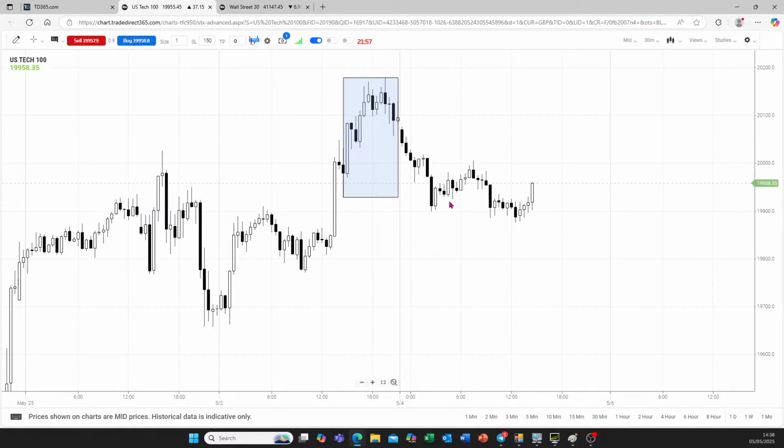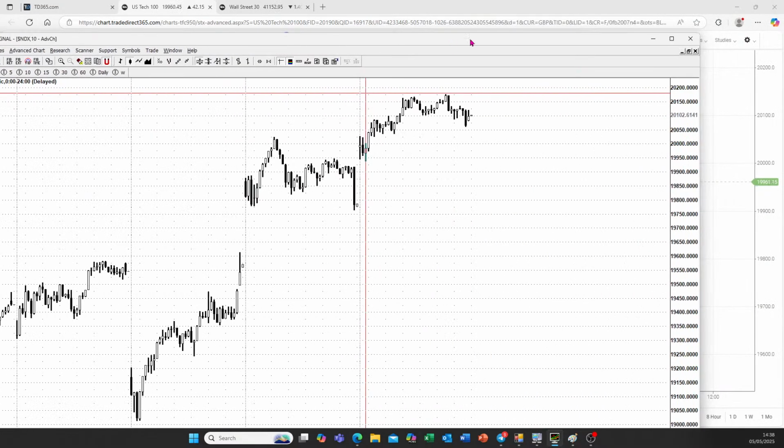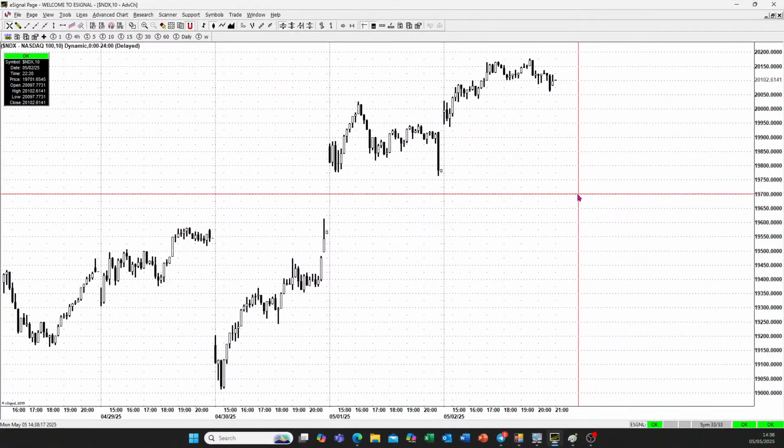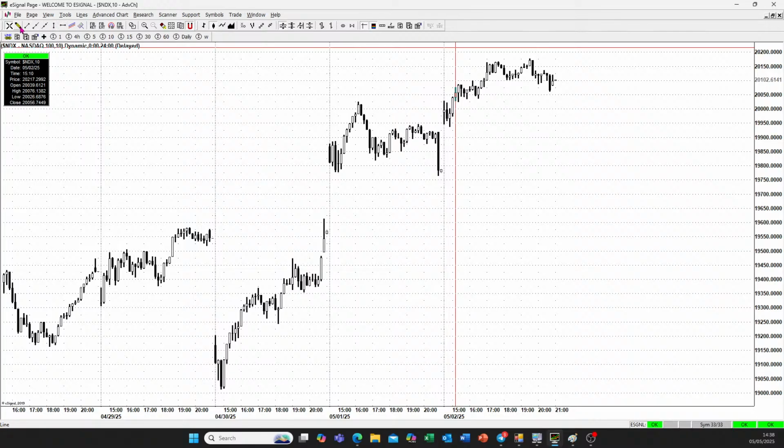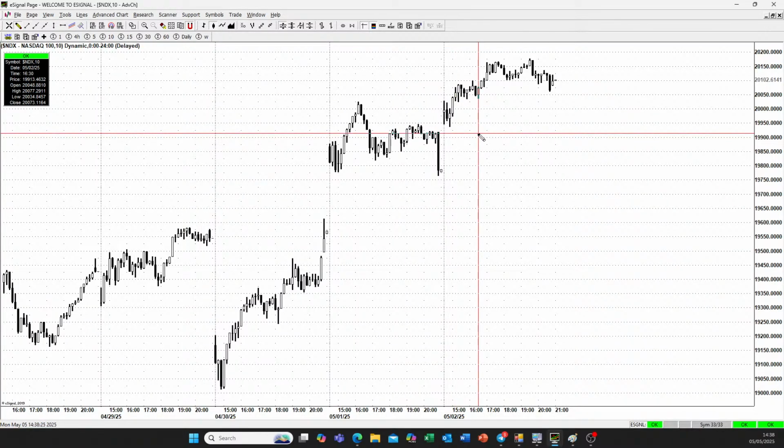an overnight range. I'm about to release a piece of software tonight, and we are working on actually being able to remove that so that it could look something like this. So that the US techs, or the Nasdaq, is currently trading at 19,950.